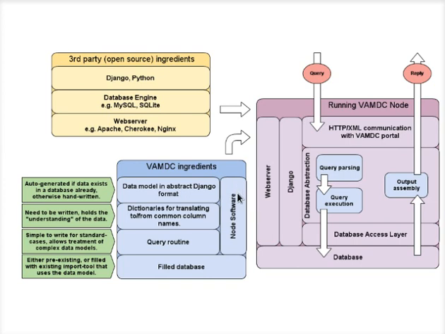So from the VAMDC side, what we provide is the node software that does already implement all the parts that are the same for all data nodes. But there are some parts that are specific to each data node. For example, the internal layout of the database that is dependent on what kind of data there is. So we need to tell the node software what all the tables in the database mean and how they are connected, which we will do by writing the data model.